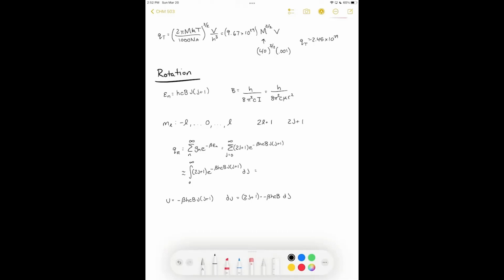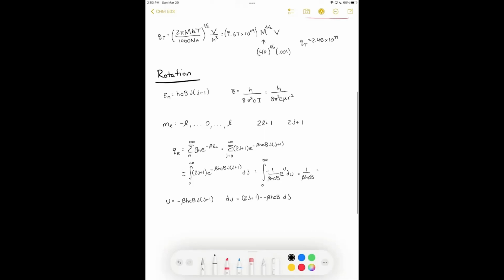So plugging this in above, we end up getting the integral of negative 1 over beta HCB e to the u du. We're evaluating this from 0 to infinity. We can go ahead and evaluate this, and we end up with 1 over beta HCB, and then we can plug in what beta is. Beta is 1 over kT, and we end up with kT over HCB for our rotational partition function.